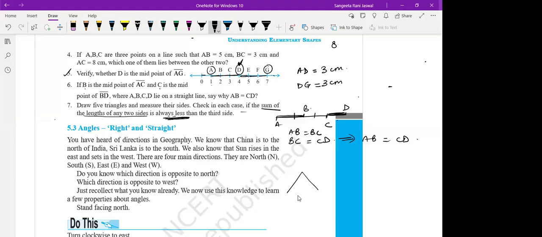Just make 5 triangles in your notebook of any length and check whether the sum of two sides is less than the third side or greater than the third side. Make any triangle in your notebook. Everyone please do. Make just 2-3 triangles.